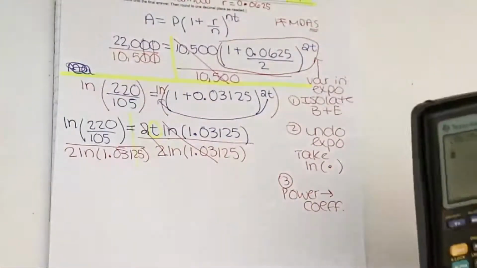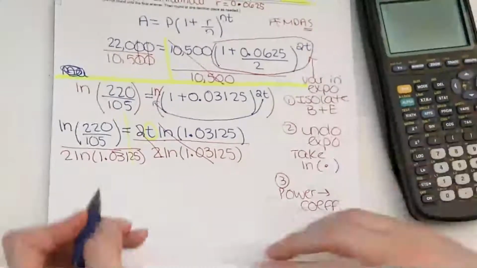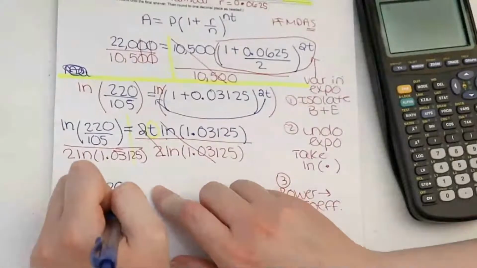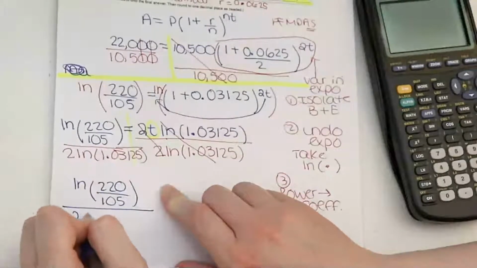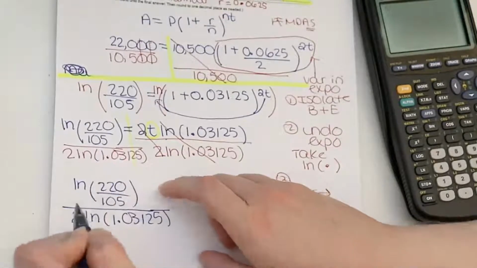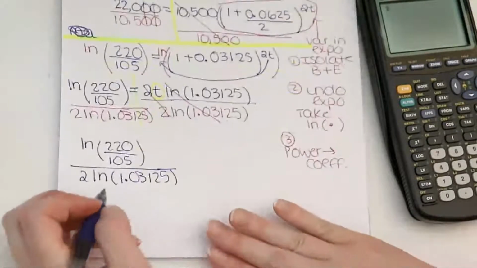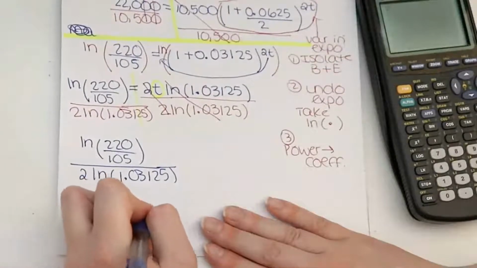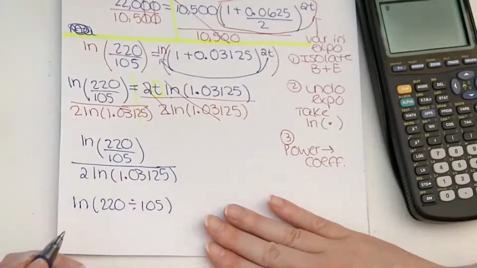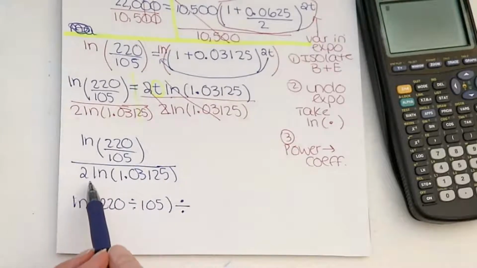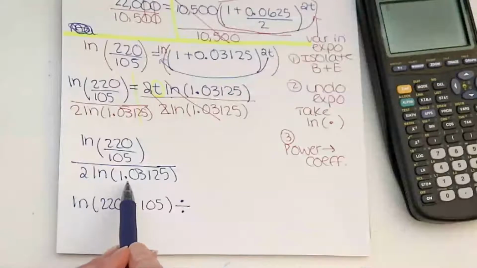And what I would do on your calculator is just go ahead. Again, this is what you're trying to type in on your calculator. Okay. And so what you would do is you would have natural log of 2200 divided by 105, and then divided by, and here you'll notice that you have two factors in the denominator.